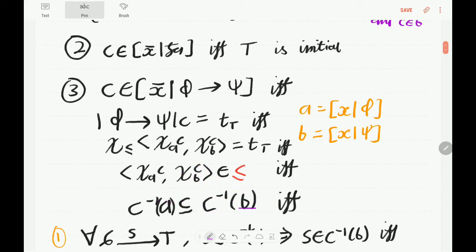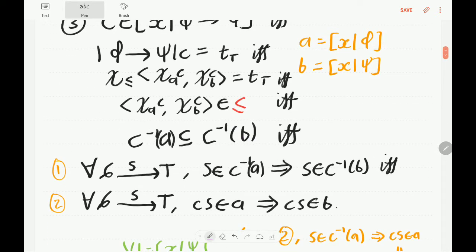So this is equivalent to saying that the pullback of a along c is contained in the pullback of b along c, which is equivalent to saying that for any s from z to c, we've got that s is in c to the minus 1 of a implies s is in c to the minus 1 of b, which is equivalent to saying that cs is in a implies cs is in b.